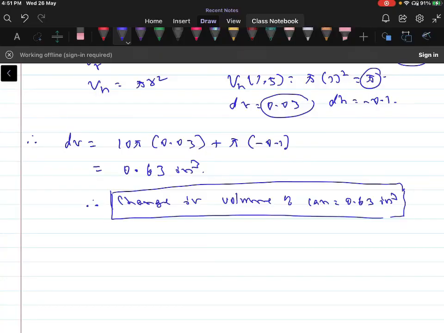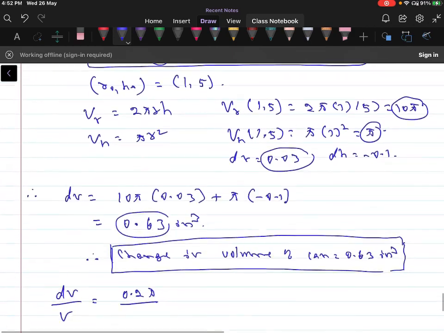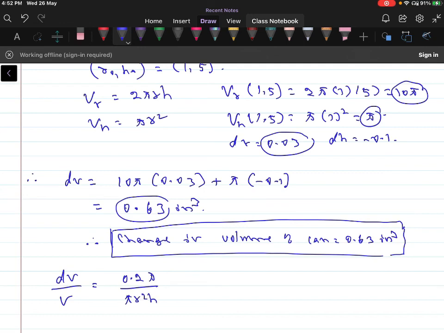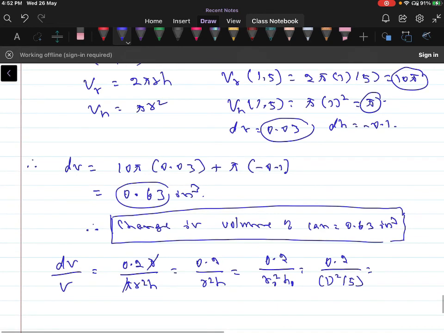We can find the relative change in the volume of the can, that is dV by V. Here dV is 0.63 inch cube, otherwise you can write it in terms of pi as 0.2 pi, divided by V, where V is equal to pi r square h. So pi gets cancelled, and this can be written as 0.2 by r naught square into h naught, where r naught is initially 1 square into 5. So that is equal to 0.2 by 5, which is 0.04.